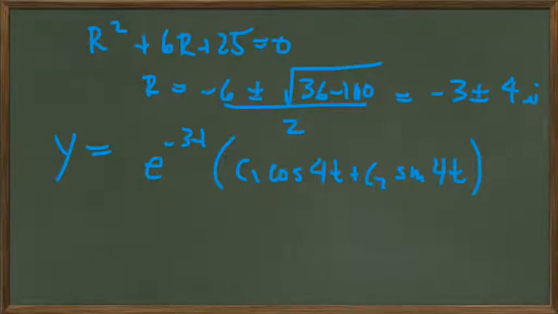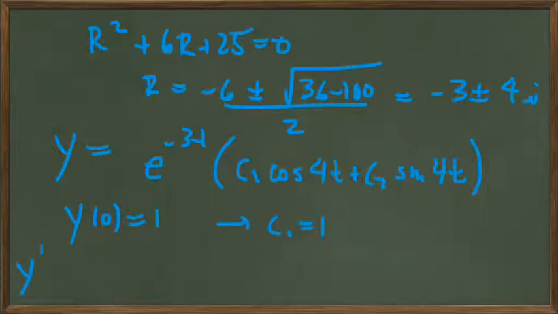Now we need to find those constants, C1 and C2. We're given that y of 0 is 1. And if we plug that in, that tells us that C1 equals 1.